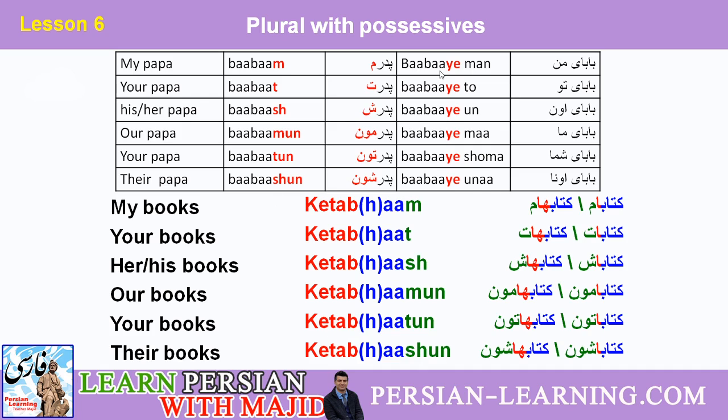If you'd like to go for this option to make possessive, you have to say kitabaye man, kitabaye to, kitabaye un, kitabaye ma, kitabaye shoma, kitabaye una.